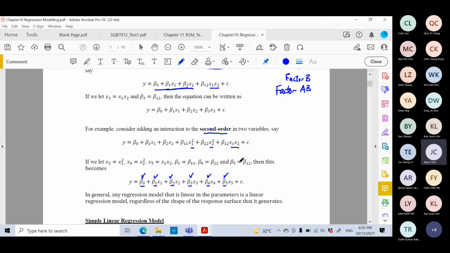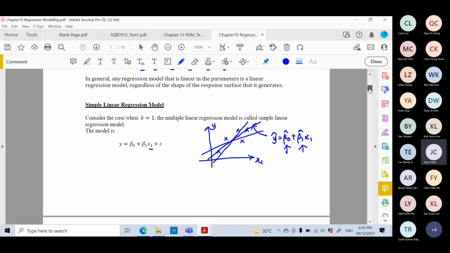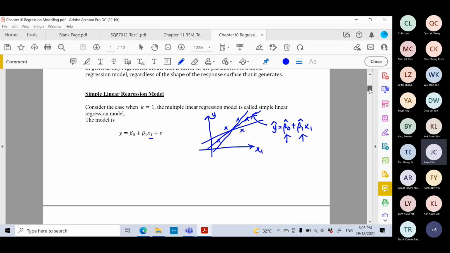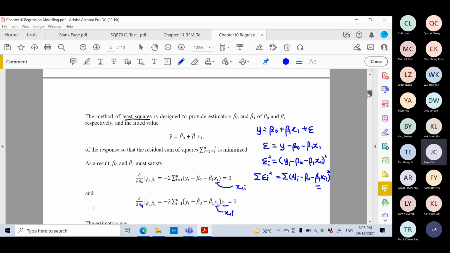I have discussed how, in the linear regression model, you estimate the parameters, because you want to find the fitted equation. Therefore you need the estimated parameters, beta 1 hat and beta naught hat, for the case of simple linear regression.